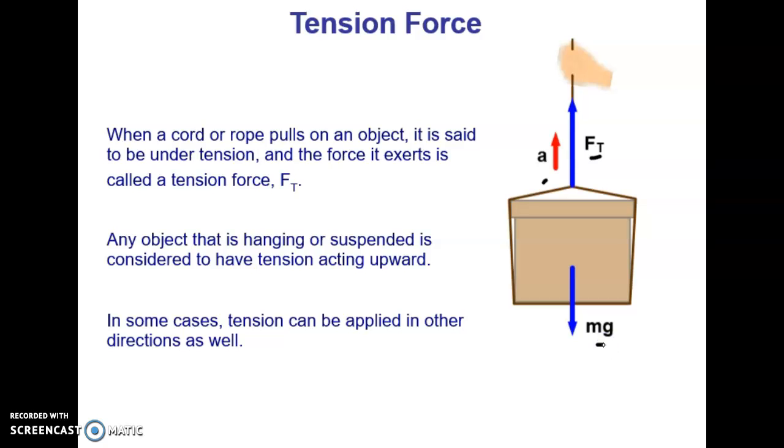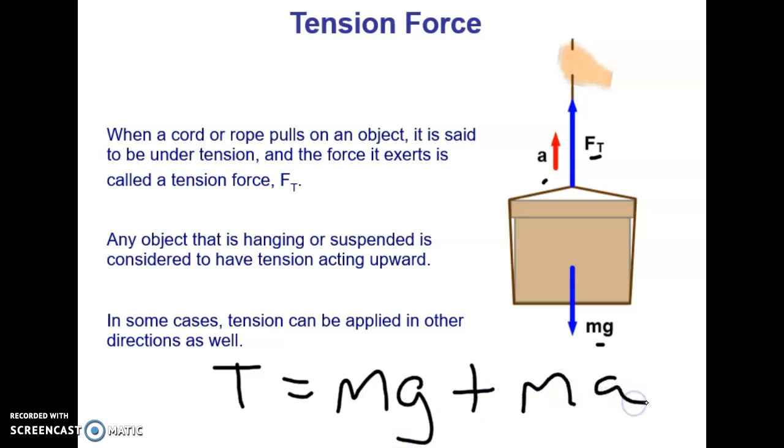G is given as 9.8. The tension in the cable, in newtons, is mg, which is the weight, plus ma, which is the inertial force. So tension equals mg plus ma.